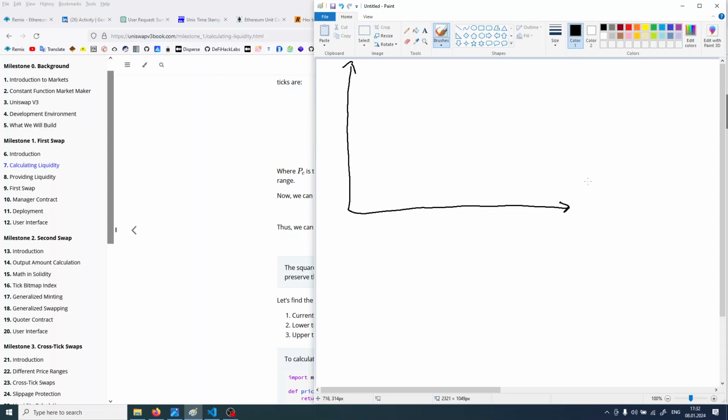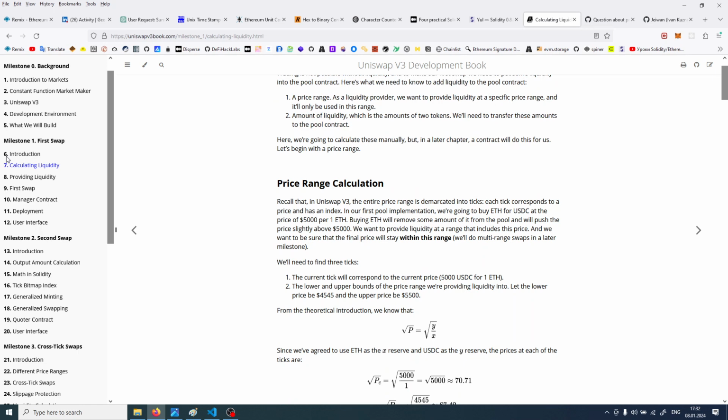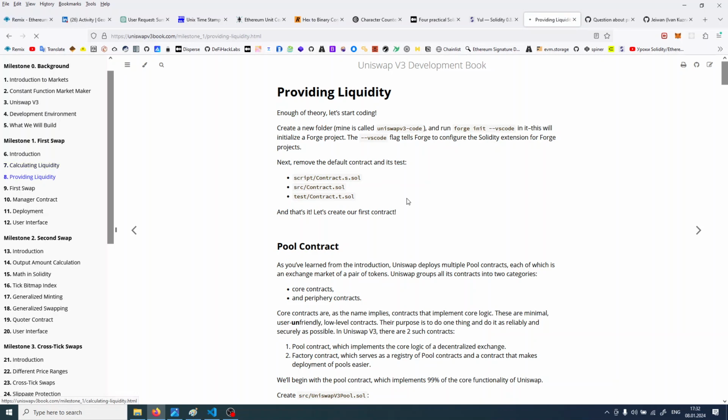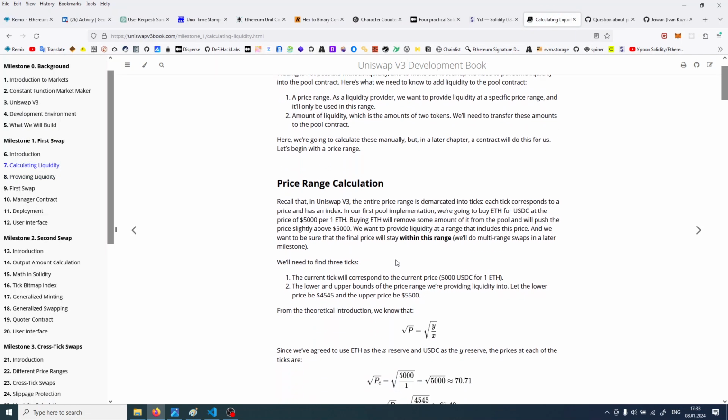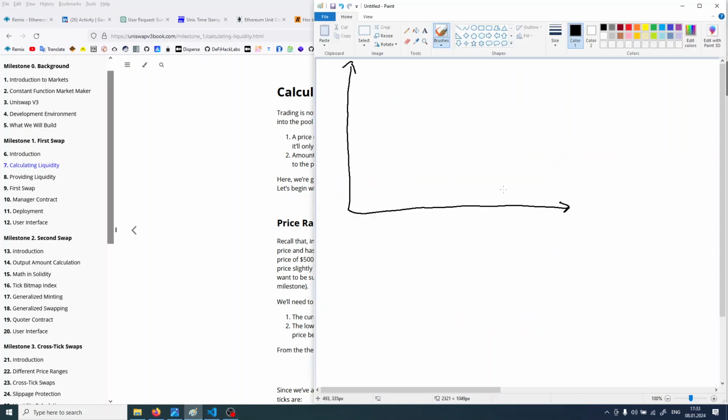In the book Ivan Kuznetsov shows us Ethereum and USDC, and he said that the price he used is the price of X in terms of Y, which means that if I have Ethereum here and USDC here, then the price will be Y divided by X.